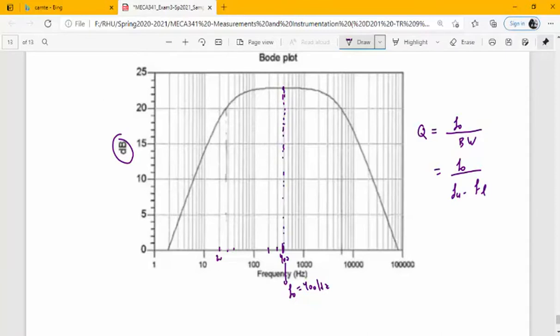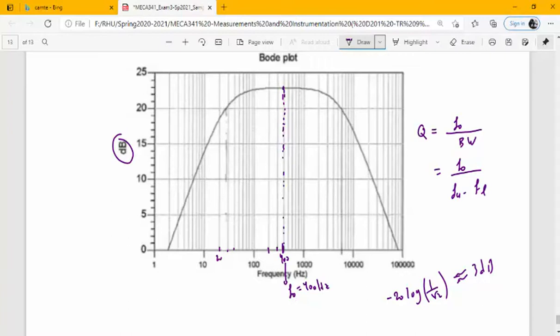In decibels we can convert it into minus 20 log 1 over radical 2, which is approximately 3 decibels. So we need a value which is 3 decibels less than the peak.